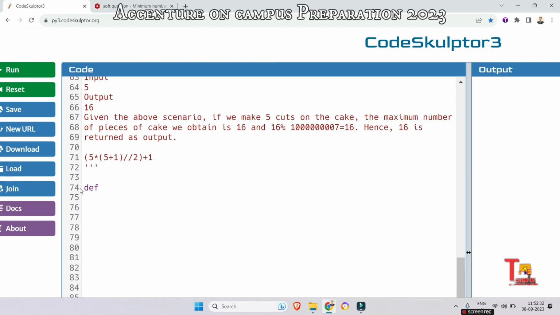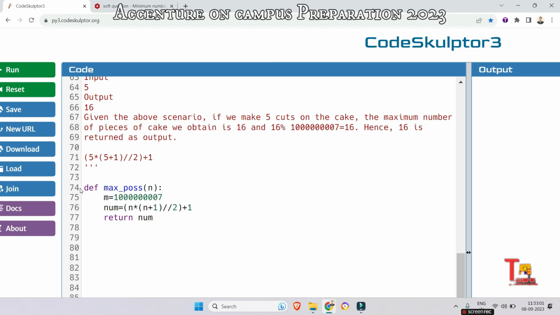At first, define the function max_possible and take the argument n. Now initialize m as this number by which we take the modulo. And num is equal to the formula, that is n multiplied by (n plus 1), divided by 2, plus 1. Now just return num mod m.